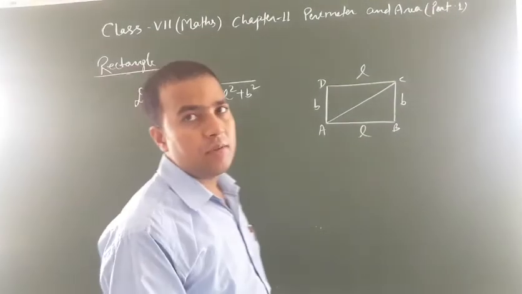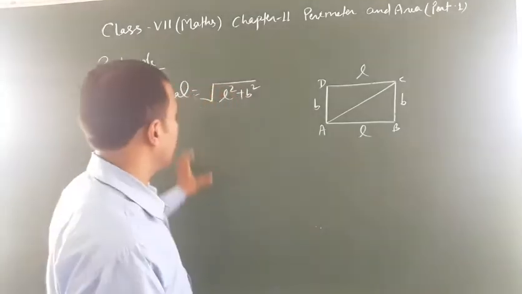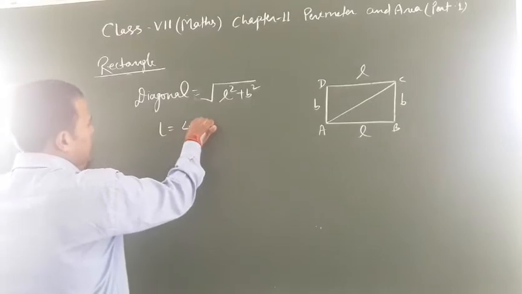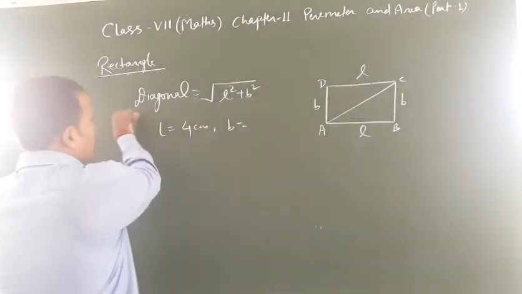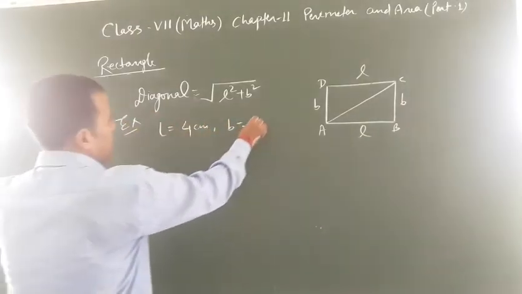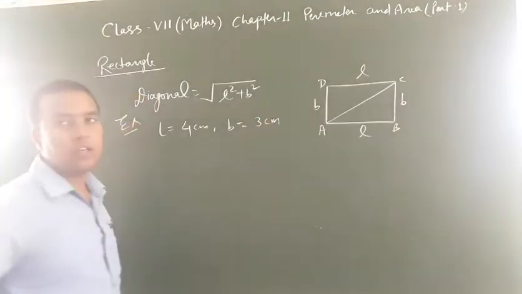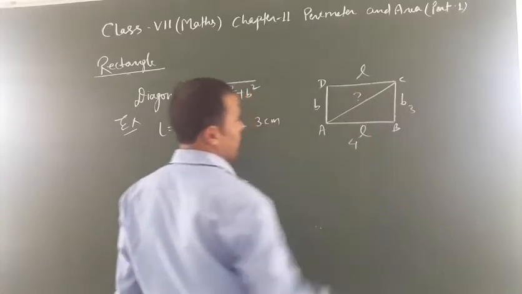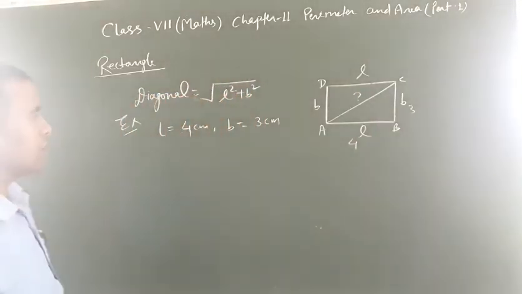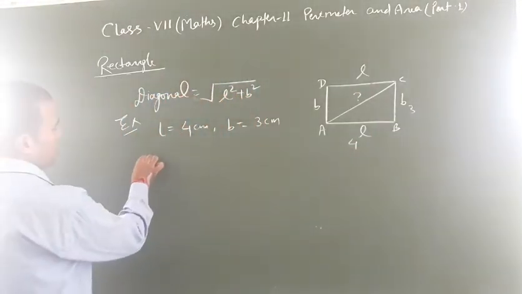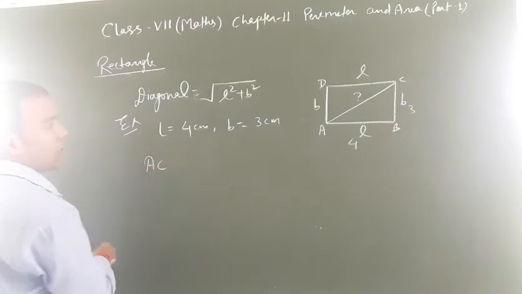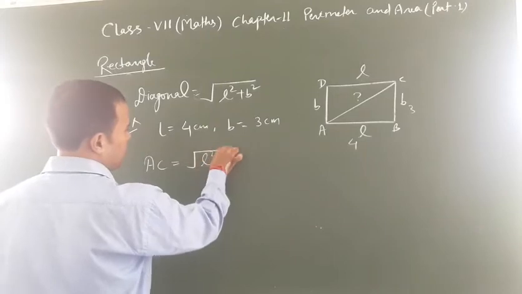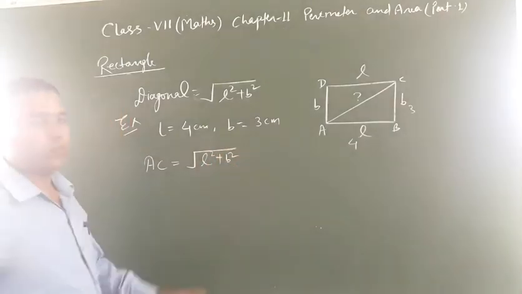One example I am telling you using this formula. Suppose the length is given 4 cm and the breadth 3 cm. Clear? The diagonal value is asked, so diagonal means AC. AC equal to under root L square plus B square, the formula we know.